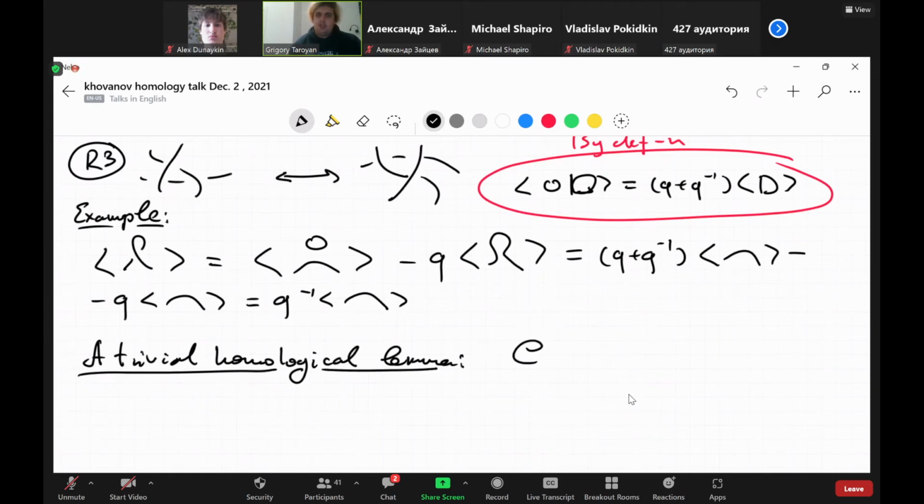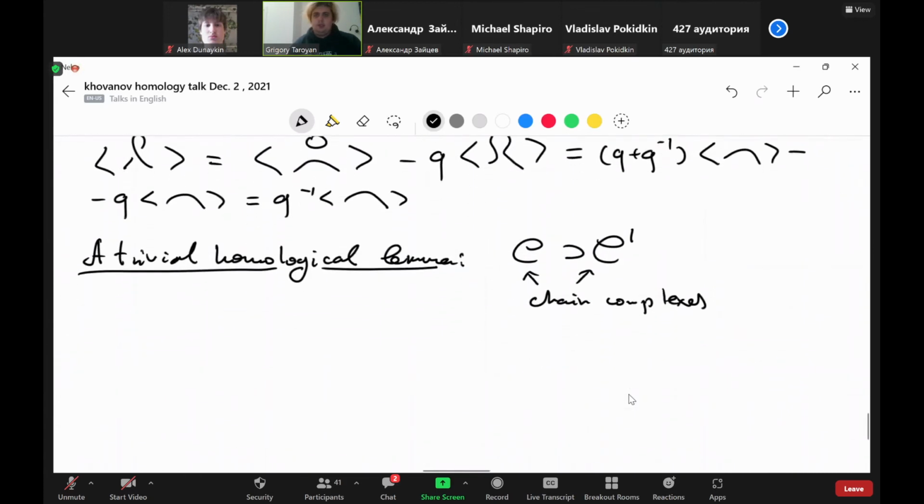So if we have a chain complex, and then there is a chain subcomplex, then we have the following relation.